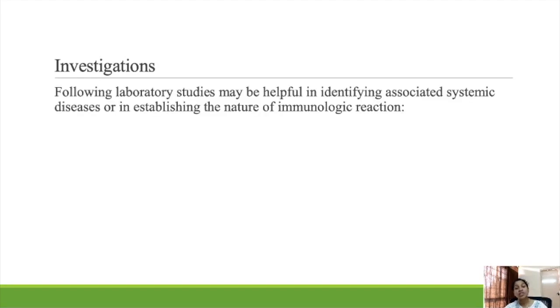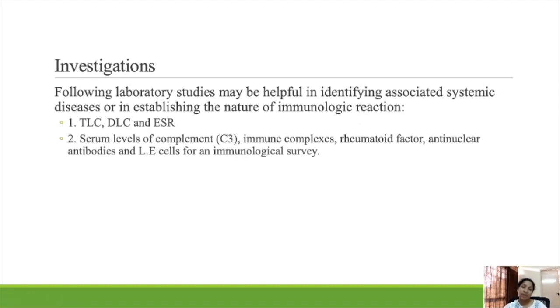Investigation should be done to understand the underlying pathology. The following laboratory studies may be helpful in identifying associated systemic diseases or in establishing the nature of the immunologic reaction. TC, DC, ESR can be done. Serum levels of complement and an immunological survey can be done: immune complexes, rheumatoid factor, anti-nuclear antibodies.